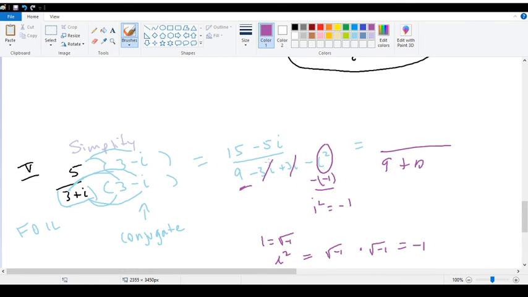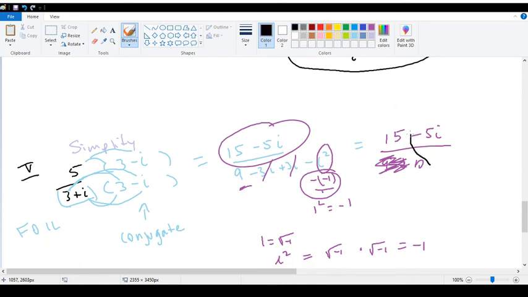So negative 1 times a negative, well, that becomes plus 1, so 9 plus 1. And then on top I have 15 minus 5i. I'm not sure why I wrote 10 earlier, everything is 10: 9 plus this became 1, everything is 10. And then let's simplify this even further.